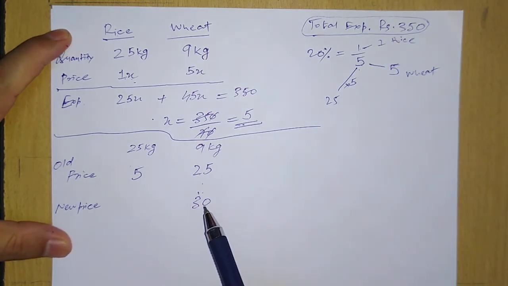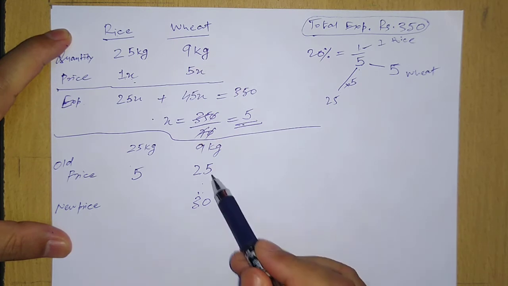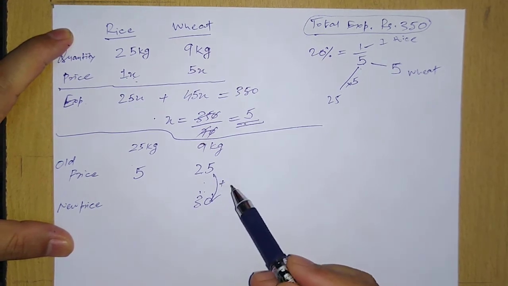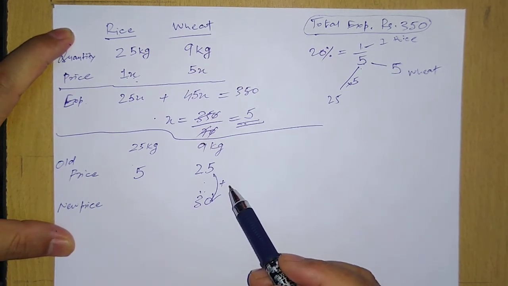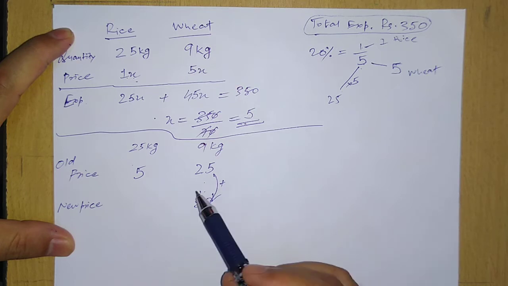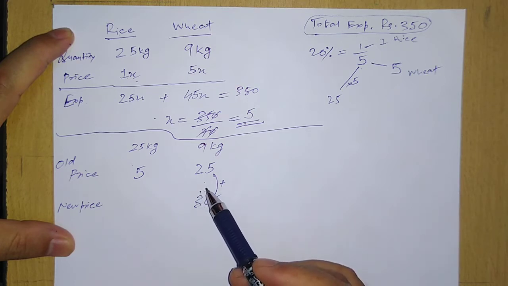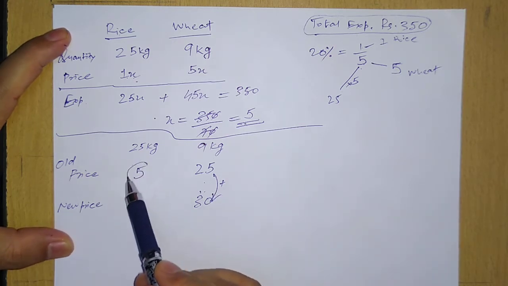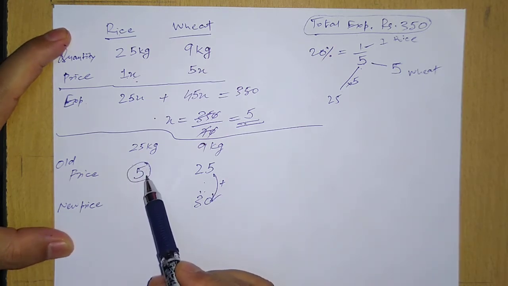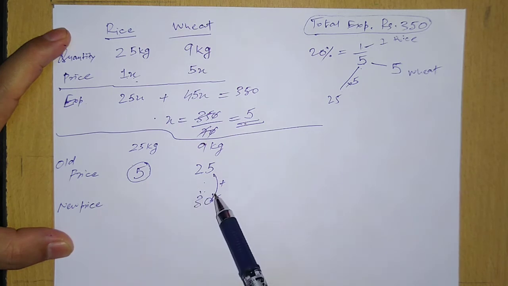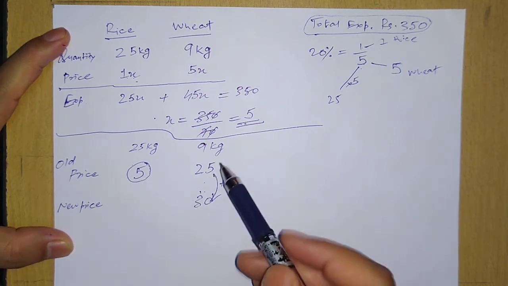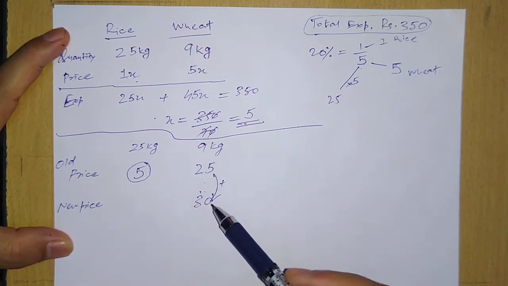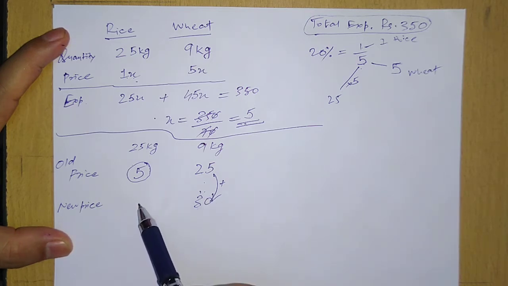Now the question also says, if the price of wheat is increased by 20%, then find the percent reduction in consumption of rice if it has to spend the same amount and the price of rice being constant. So the price of rice is constant, it has not changed, and as the price of wheat has increased by 5, they have to consume less.